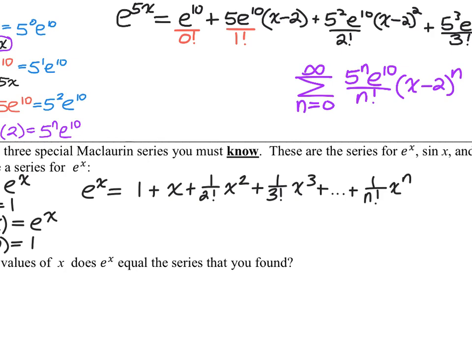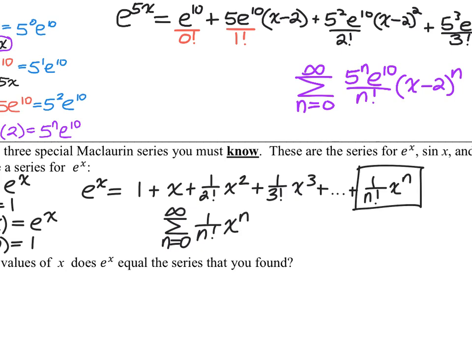If I'm calling the factorial n factorial, then I can call the power n because those numerical values are the same. So my general rule here would go from n equals 0 to infinity. Once I come up with that nth term, I'm just slapping a summation on it.